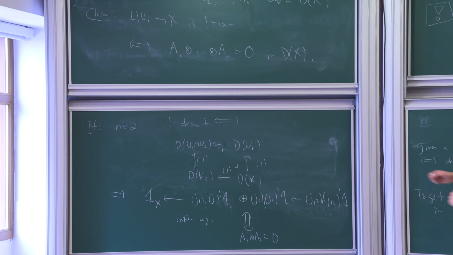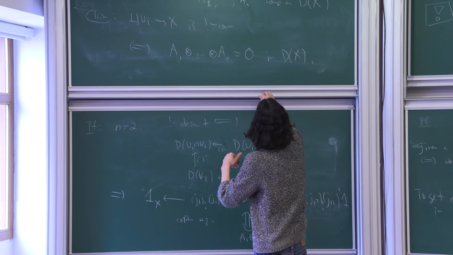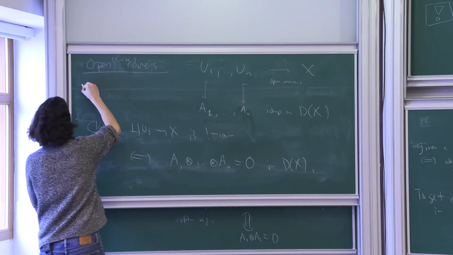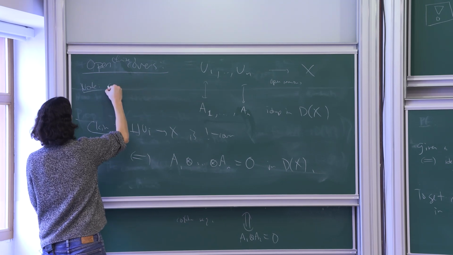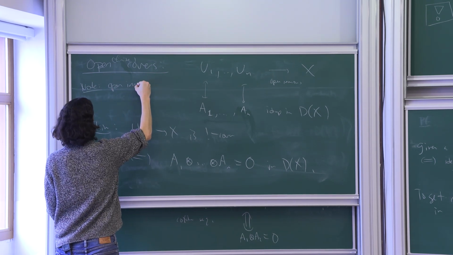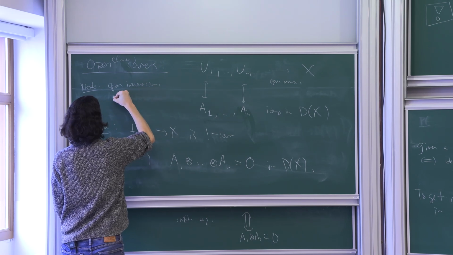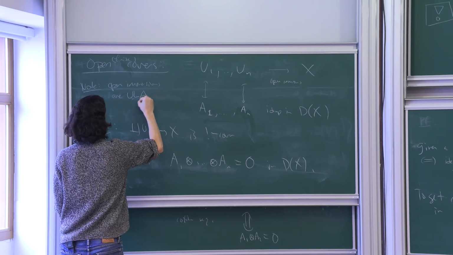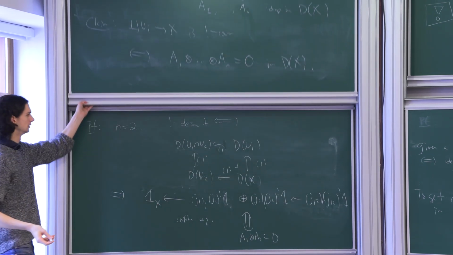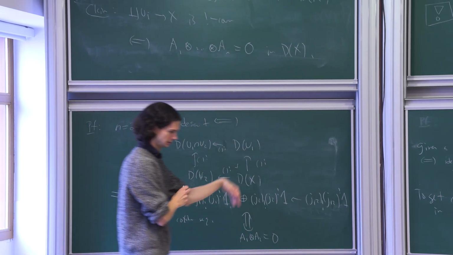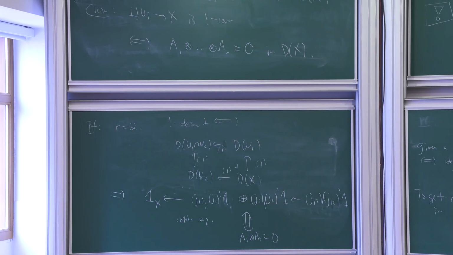I should have mentioned open immersions are ULA. So J upper Schriek of 1 is 1, yes?